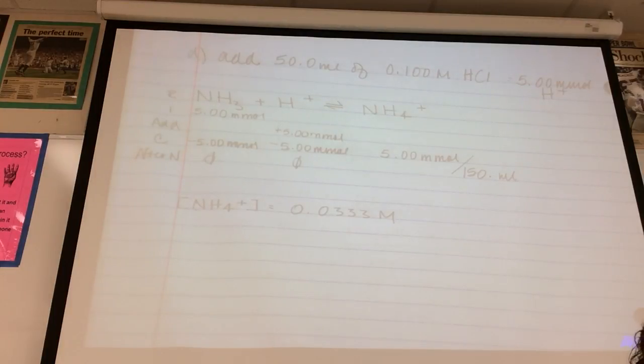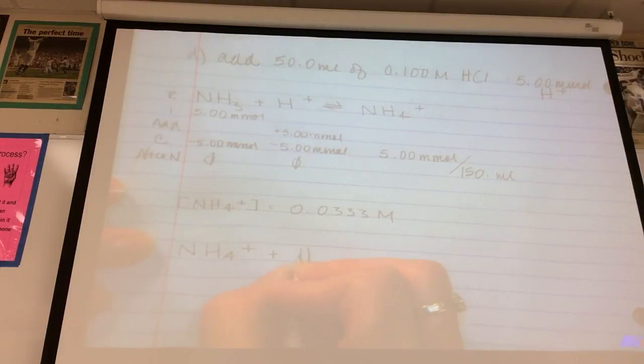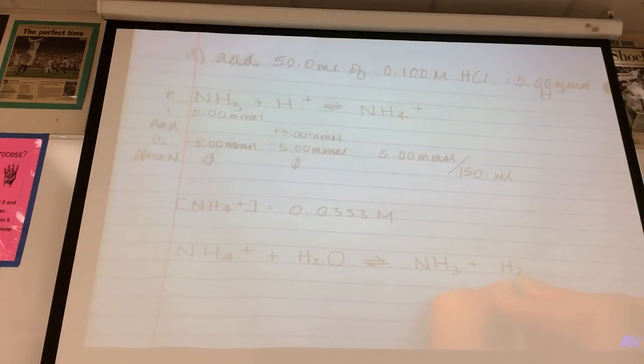What substance do we have to hydrolyze now? Or dissociate or ionize? What we have. So now we're going to add this to water. And now we don't want a Kb because look, we generated hydronium ions. So now we need a Ka.